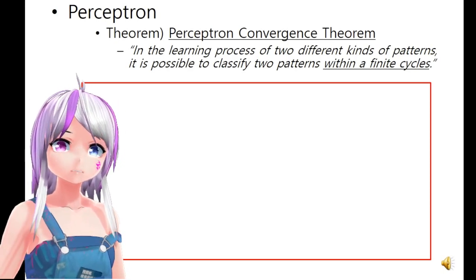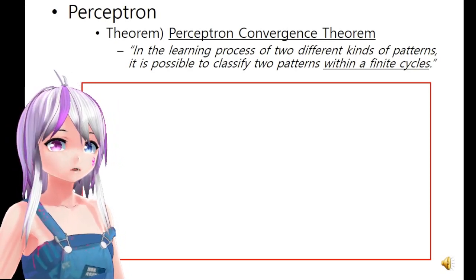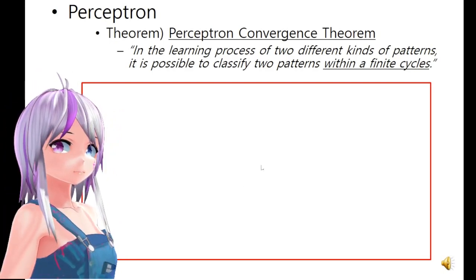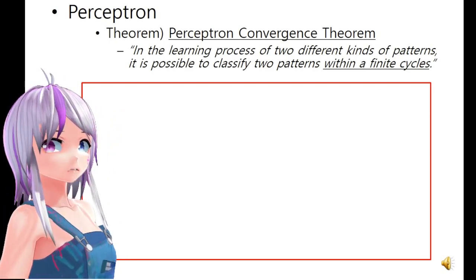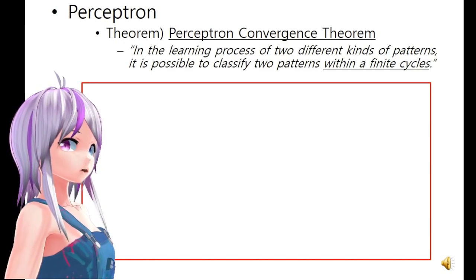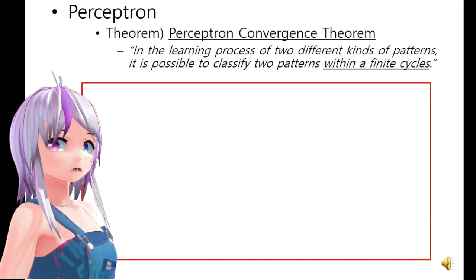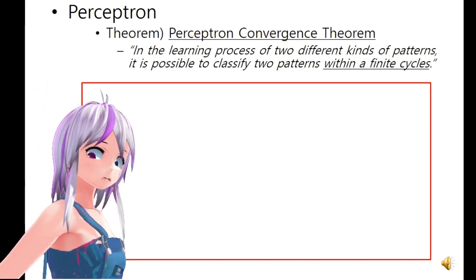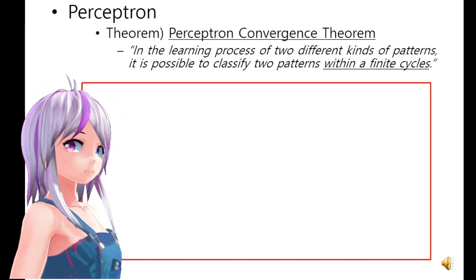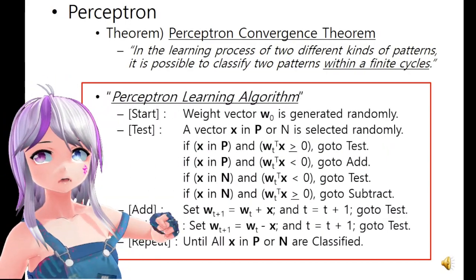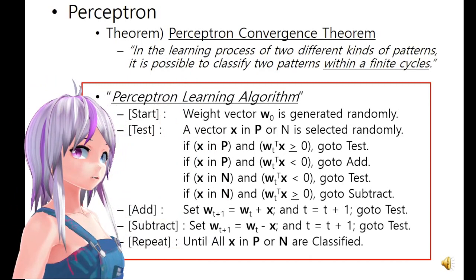In the learning process of two different kinds of patterns, we have two classes, either 0 or 1, or sometimes a negative set or positive set, so either true or false. It is possible to classify two patterns within a finite cycle. This is very important: within a finite cycle, you can find a solution.